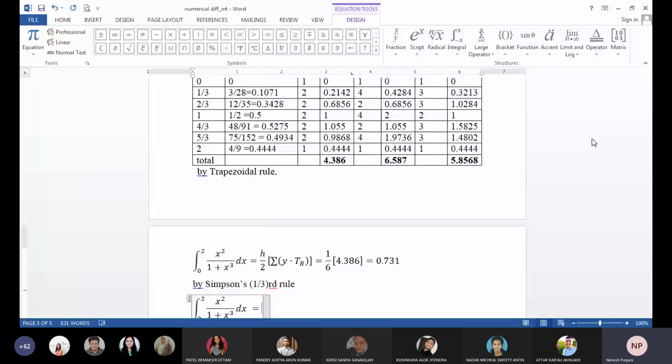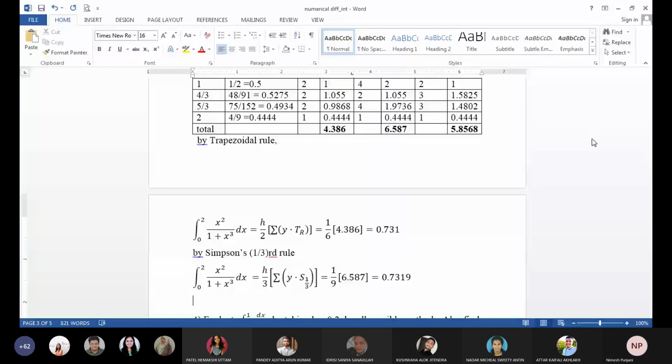What is the formula? h by 3 summation of y. h is 1 by 3, right? तो h by 3 हो जाएगा मेरा 1 upon 9 into 6.587. So 6.587 divided by 9, 0.7319.